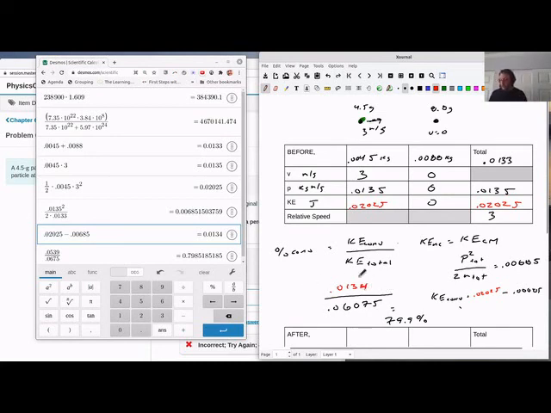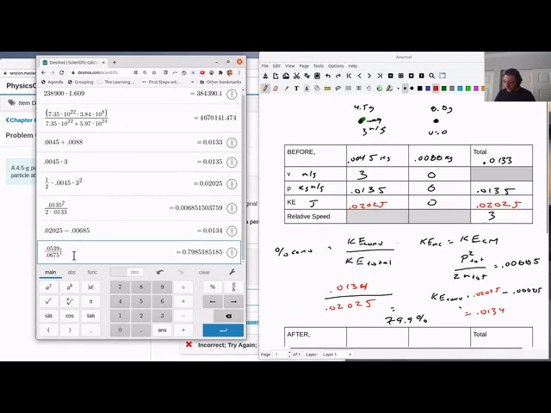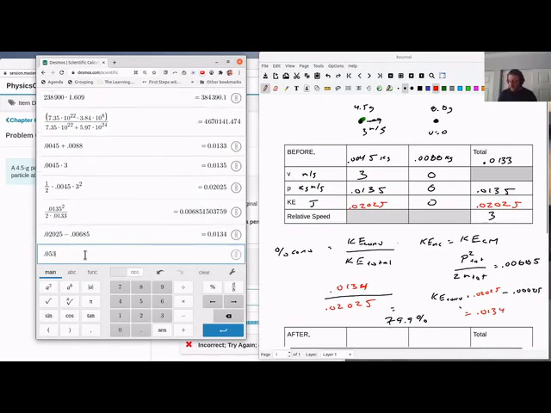So this is the convertible kinetic energy. Write that again right there, 0.0134. And then the bottom of this fraction isn't 0.06, it's the actual total, which is 0.02025. Okay, now we're going to divide those and see what we get for the percentage.